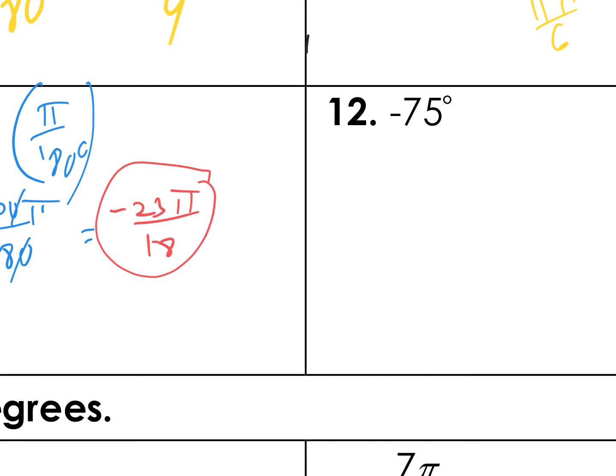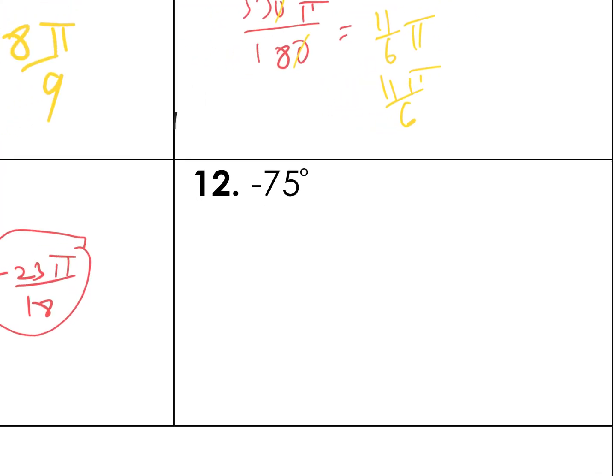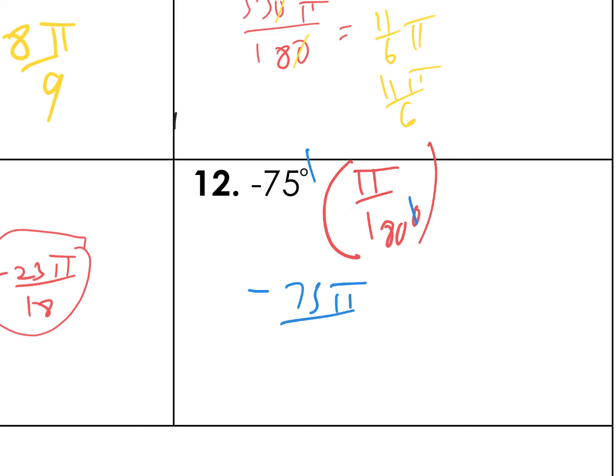All right. Negative 75 times pi over 180 degrees. The degrees cancel. Negative 75 pi over 180. Divide both by 5, that's a good idea. If he divides both by 5, that's negative 25 pi over... 75 divided by 5 is 15.